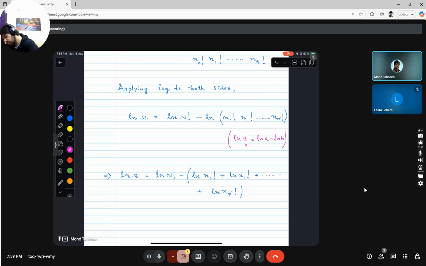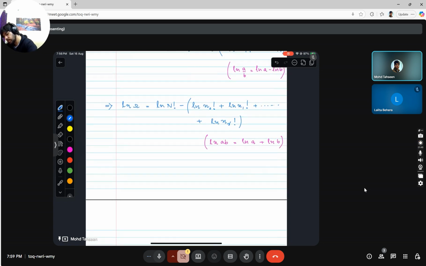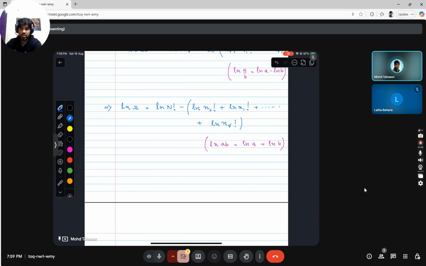What I have used here is that log ab is equal to log a plus log b. Now I have a situation where I have a factorial inside a log.